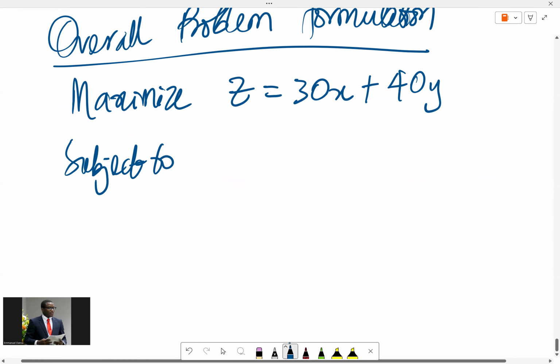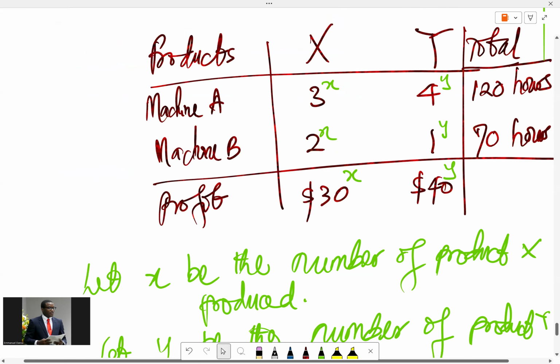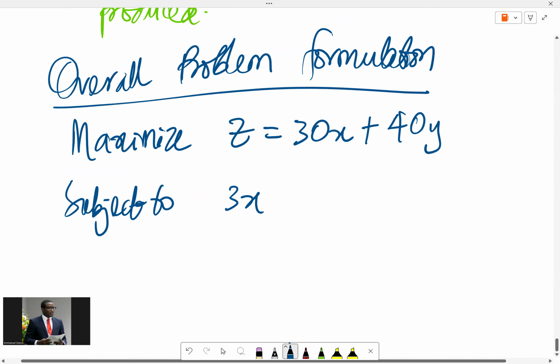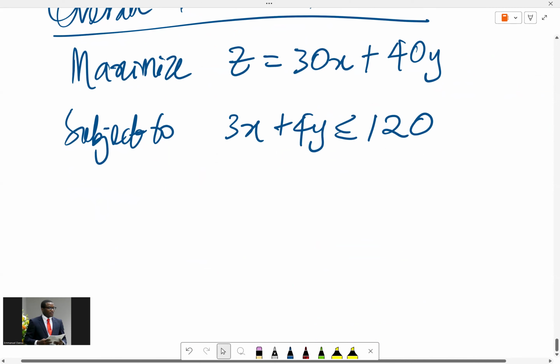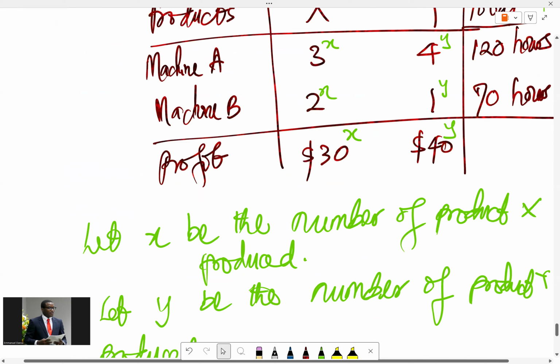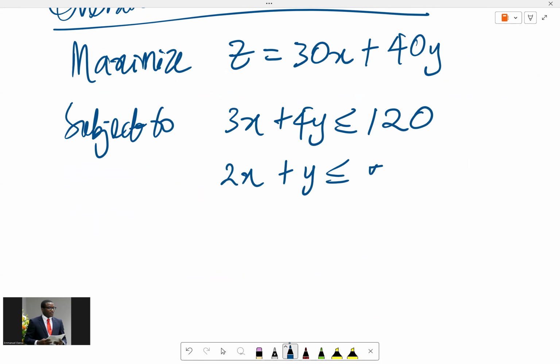That will be subject to the first constraint, which is about time on machine A. That will be 3x plus 4y less than or equal to the available 120 hours on machine A. The second constraint is for machine B: 2x plus y is less than or equal to 70 hours.